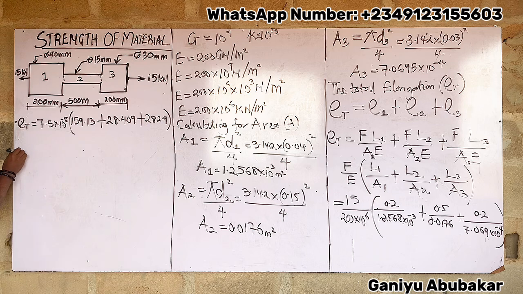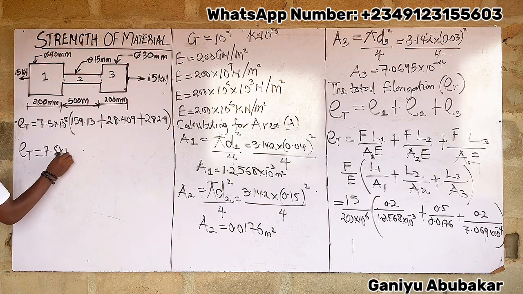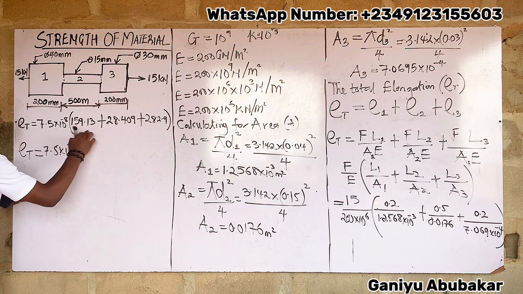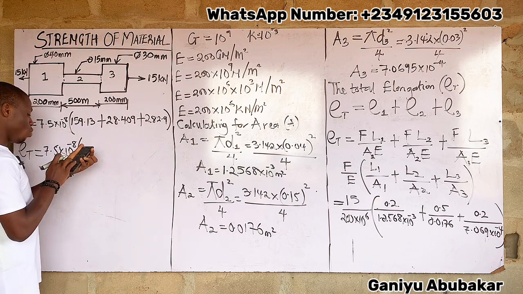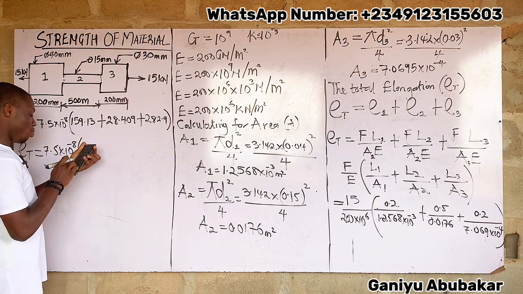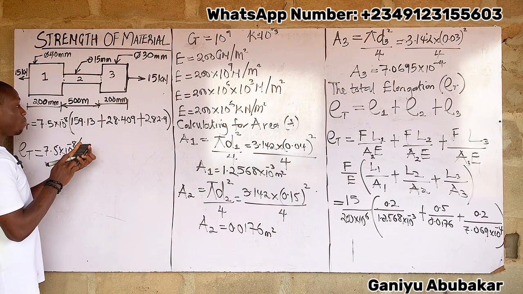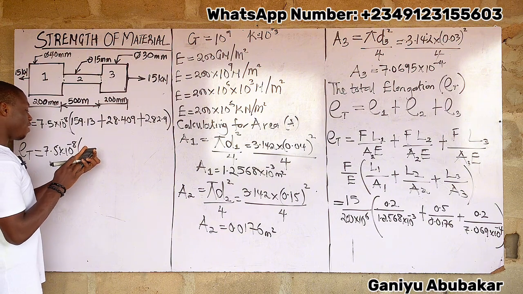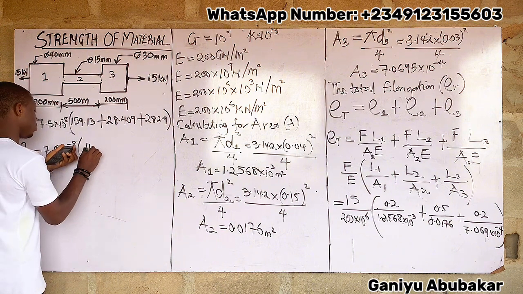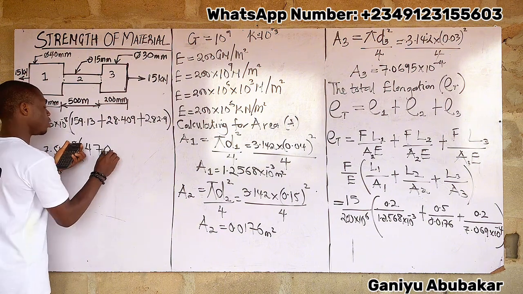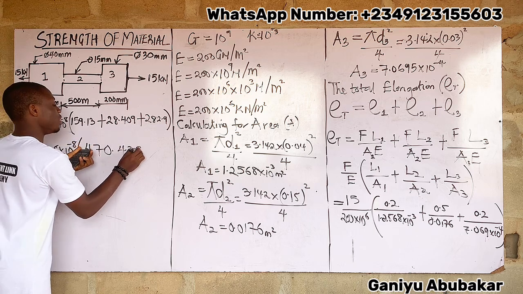For me now, my total elongation is equal to 7.5 times 10 to the power minus 8 into, add them up there: 159.13 plus 28.409 plus 282.9. I have about 470.439.